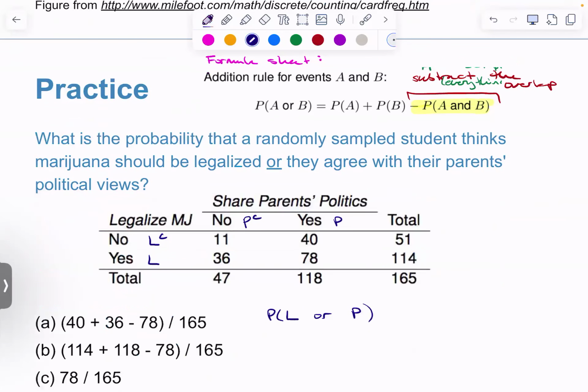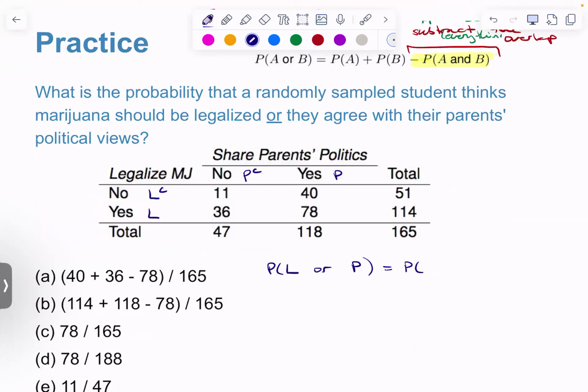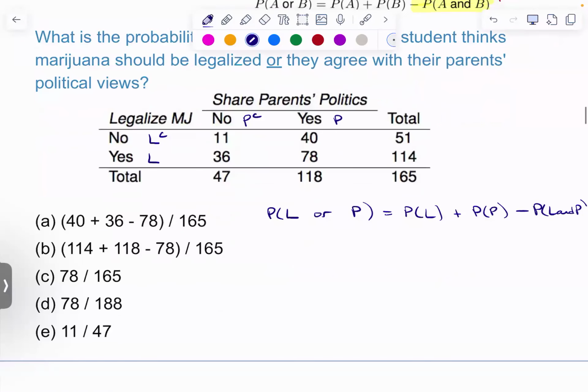So if we map this question to up here, the generic probability of A and B, I could rewrite this as the probability of L plus the probability of P minus the probability of L and P. Subtract that overlap.